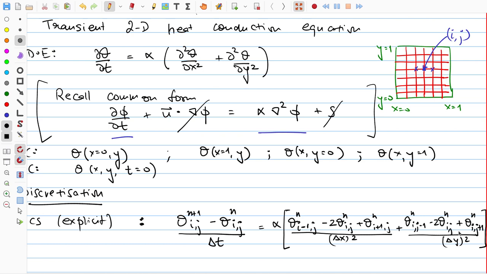Is that clear? It's very similar to what we had earlier, except that you only have one extra term. So if I draw the stencil of this scheme, well, let's do that later.